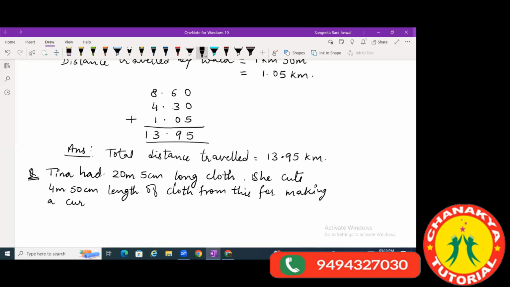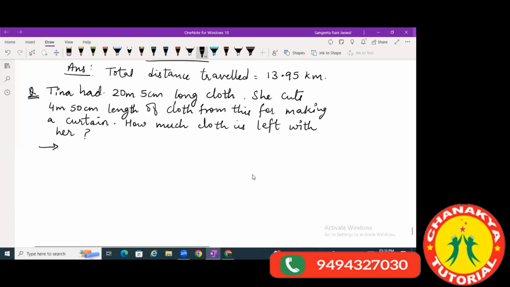She is making a curtain out of it. How much cloth is left with her? Just by chance the subtraction question has come before us, but let's do it. Although we have not done the subtraction sums yet, I'll show you.